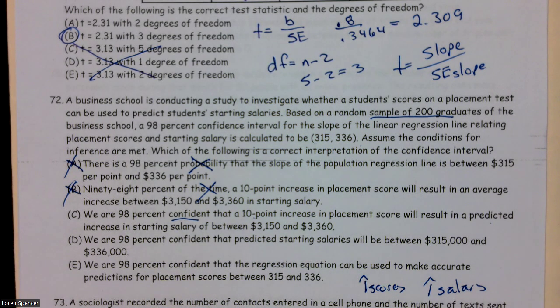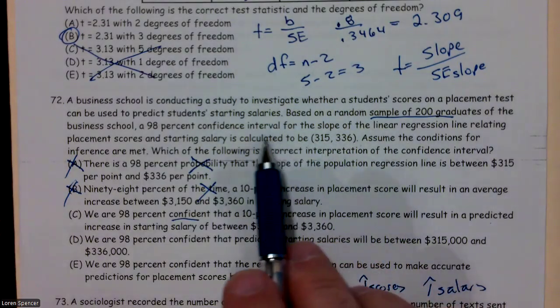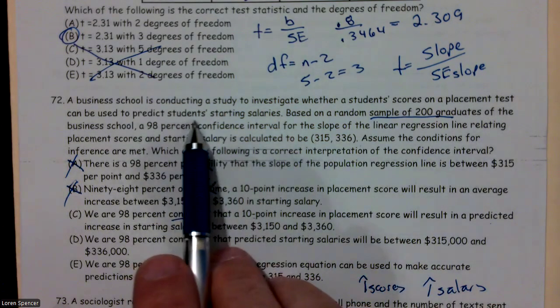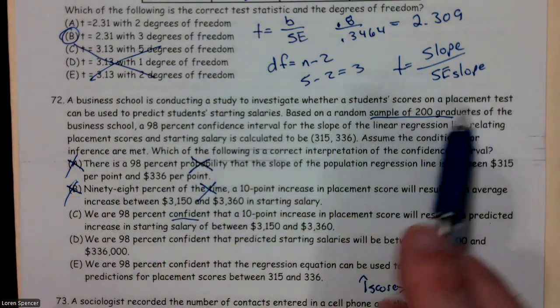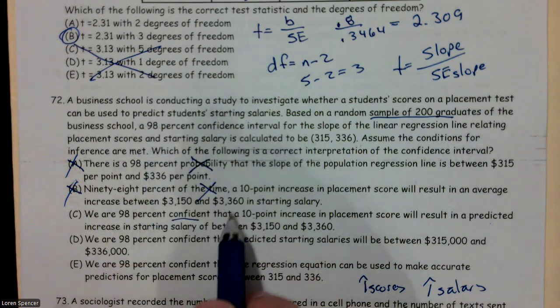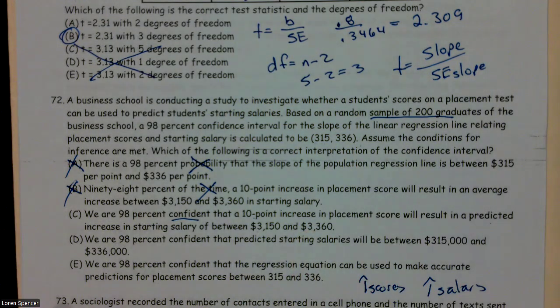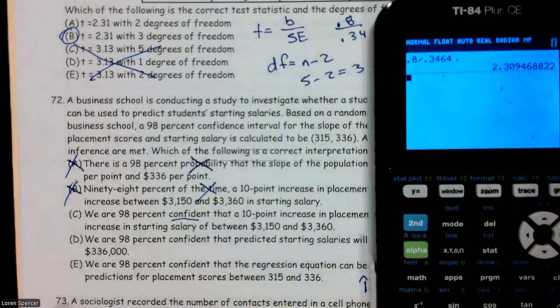And you're like, wait a second, that's not what it had. Well, let's go back to this. If we had a 1-point increase, we'd have 315. But since we have a 10-point increase, we have to multiply by 10.